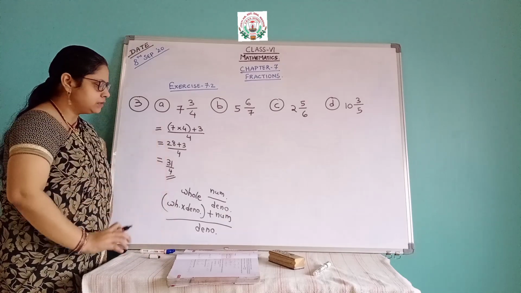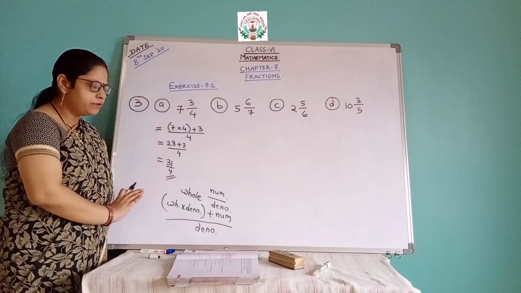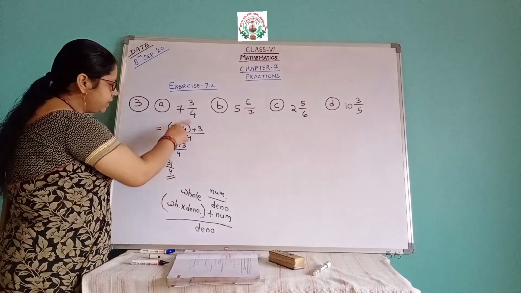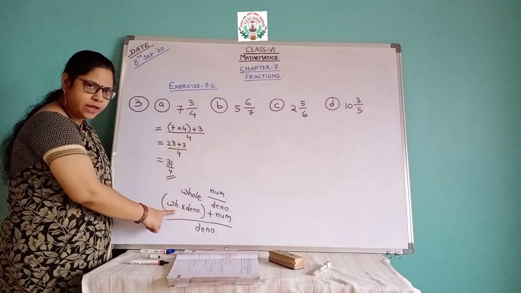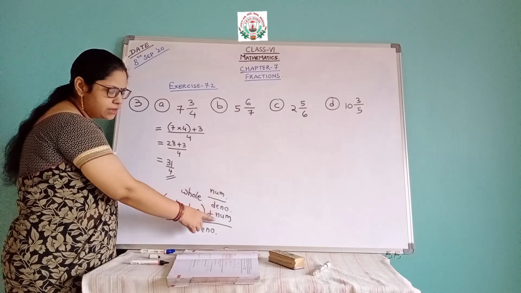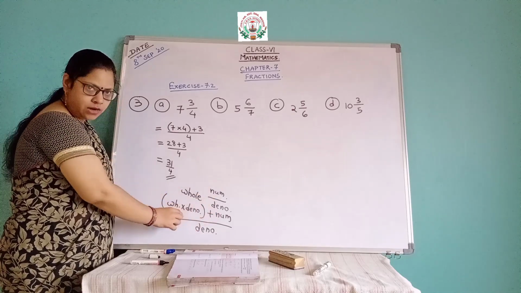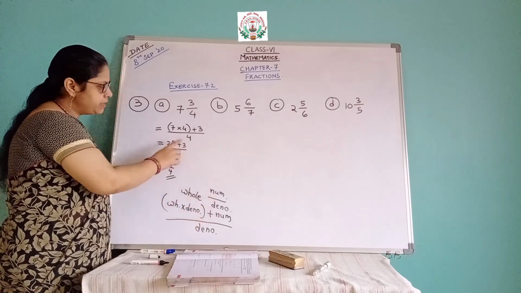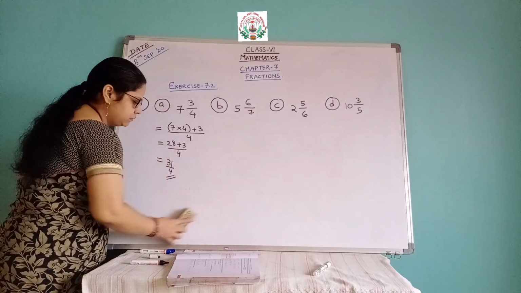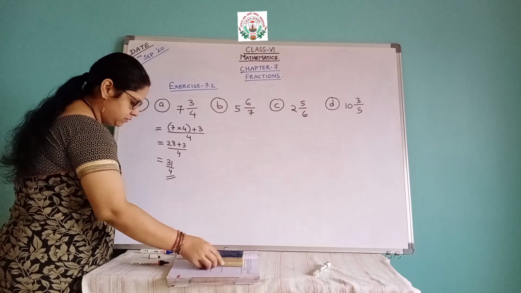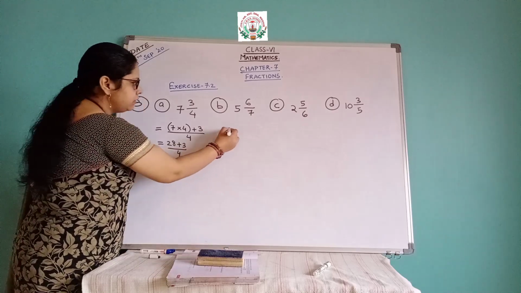So we have converted this mixed fraction to an improper fraction. Is this clear? You multiply the whole number and the denominator, add the numerator to the answer, and the denominator will be the same. So just go on solving.